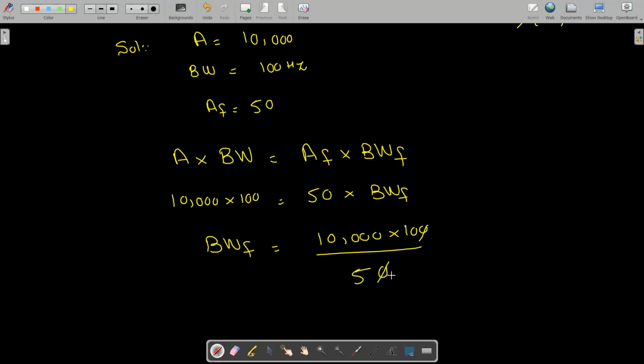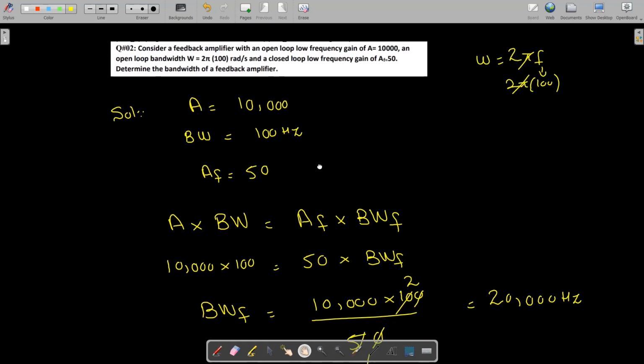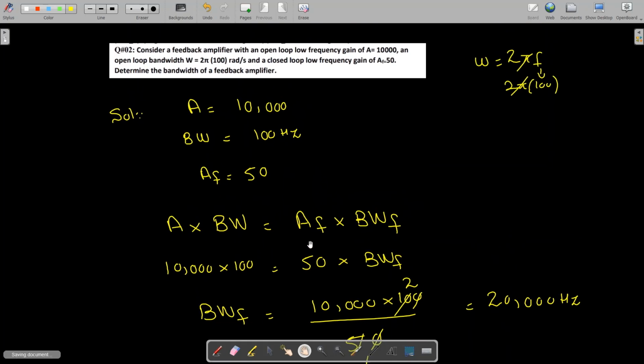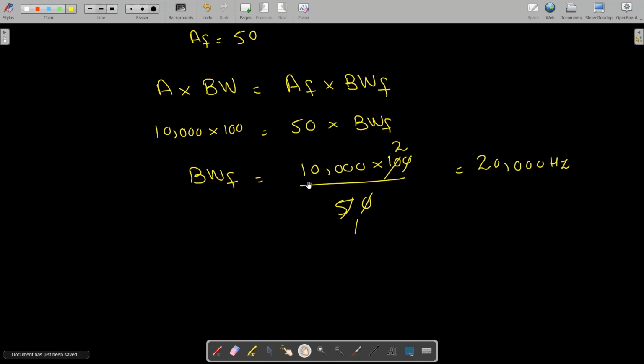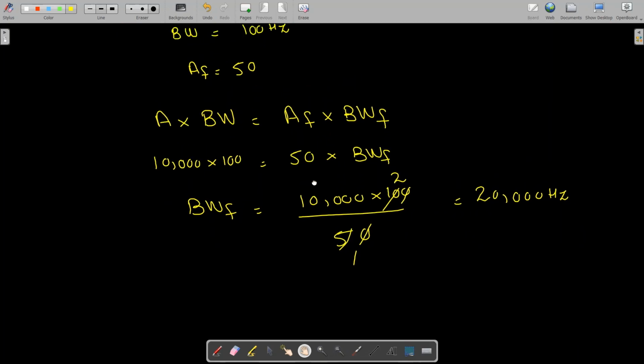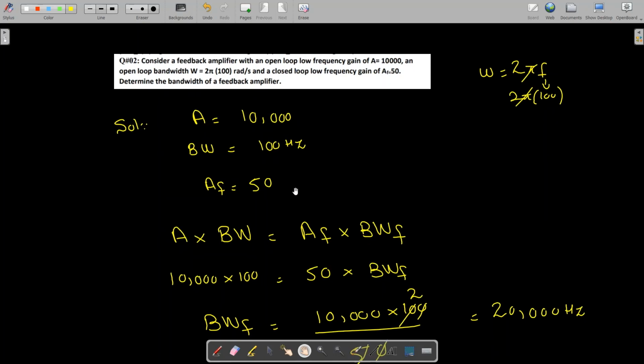This 0 will be cancelled out with this, so we are going to have 1 and 2 over here. So 2 multiplied by 10,000, that is going to give me 20,000 hertz. So this is the bandwidth of the feedback amplifier, and that's what we intended to find out. So the bandwidth of the feedback amplifier is 20,000 hertz, and this is the answer to question number 2.